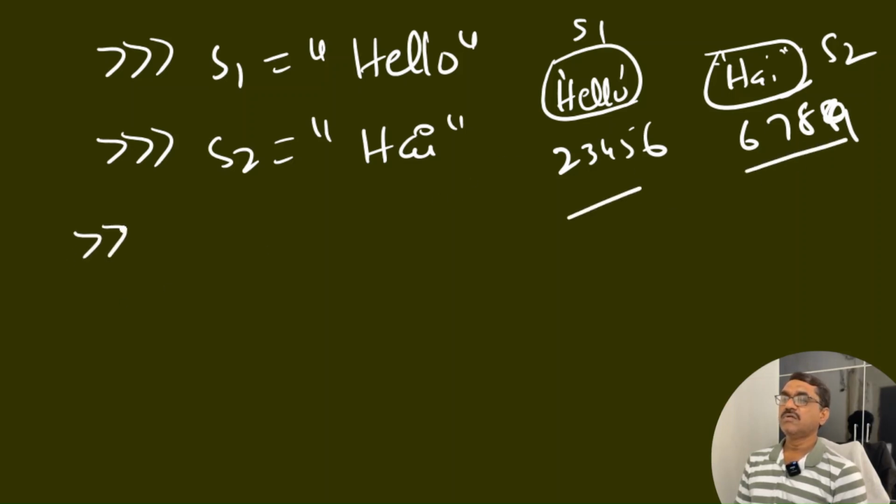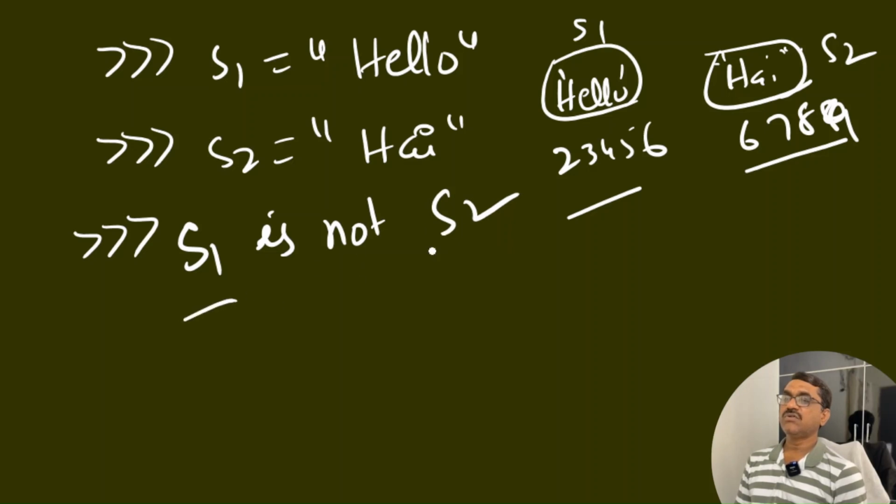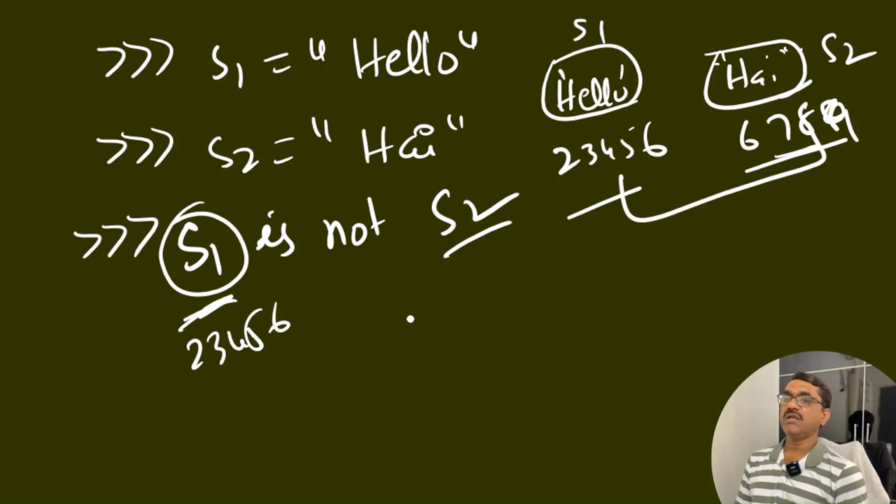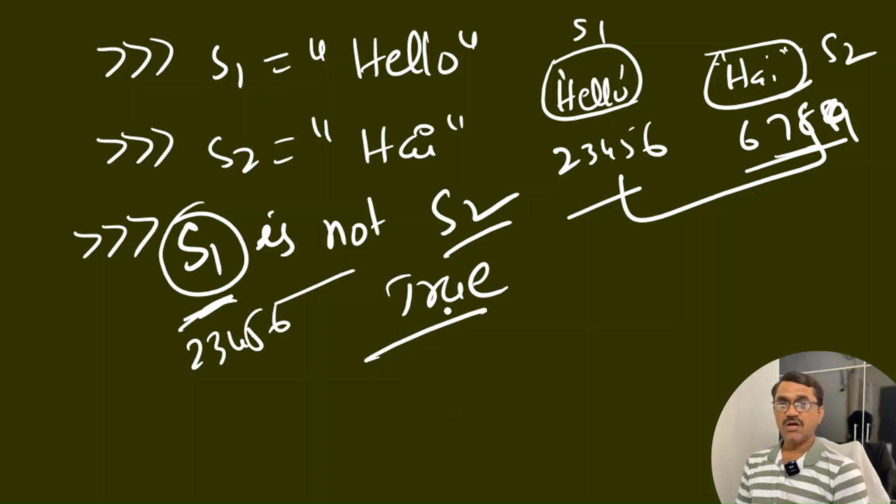Whenever we use s1 is not s2, it takes the ID of s1, 2, 3, 4, 5, 6, is not s2. Here the IDs are not the same, so with is not, the result we get is true. This is how we use the identity operators is and is not. But before applying is and is not, you should get the IDs by using the id function. This is how the identity operators work.